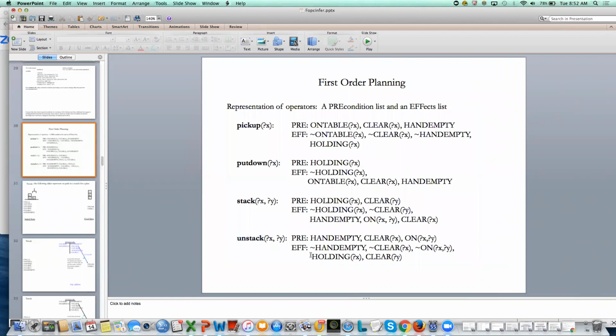You could rewrite this domain so that there was no distinction between picking up and unstacking, or putting down and stacking blocks, but there would be some other complications if you did that. So STRIPS operators look like this. To unstack, the block that you're unstacking from another has got to be on that other block.